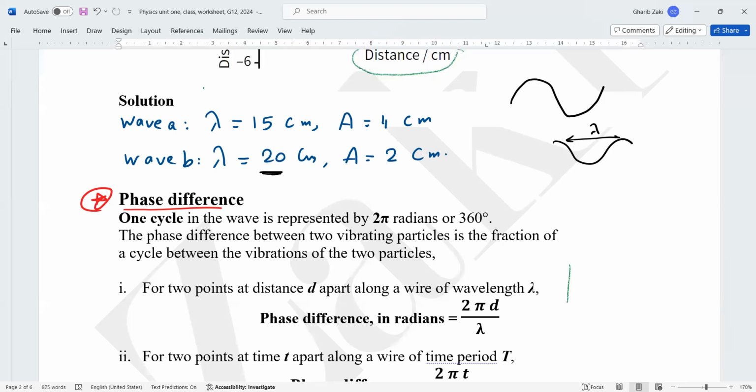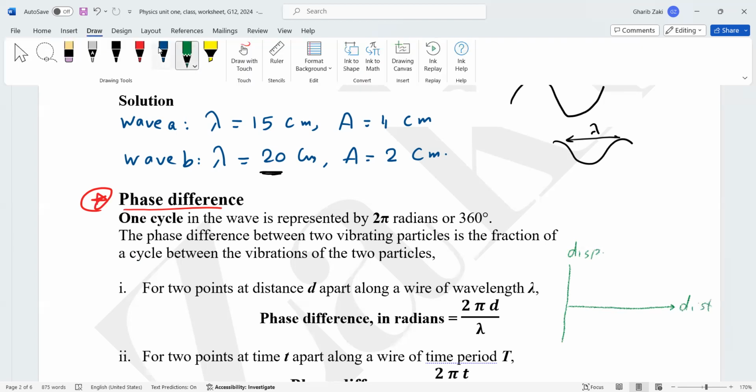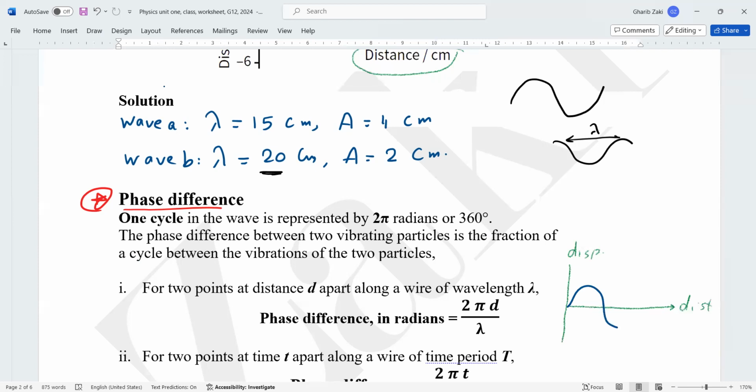Here, can you see? I draw here the displacement distance graph. So maybe we have one wave or two waves, but it is the same idea. For example, this is one wave.